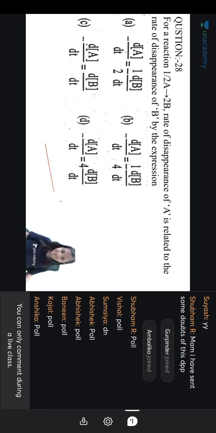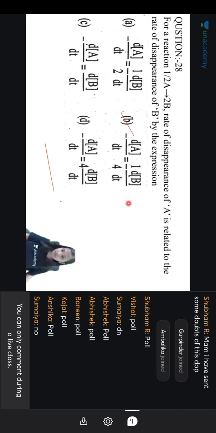Very good. Perfect. So the right answer would be B. Minus dA by dt is equals to 1/4 dV by dt. So any doubt? No? Very good.